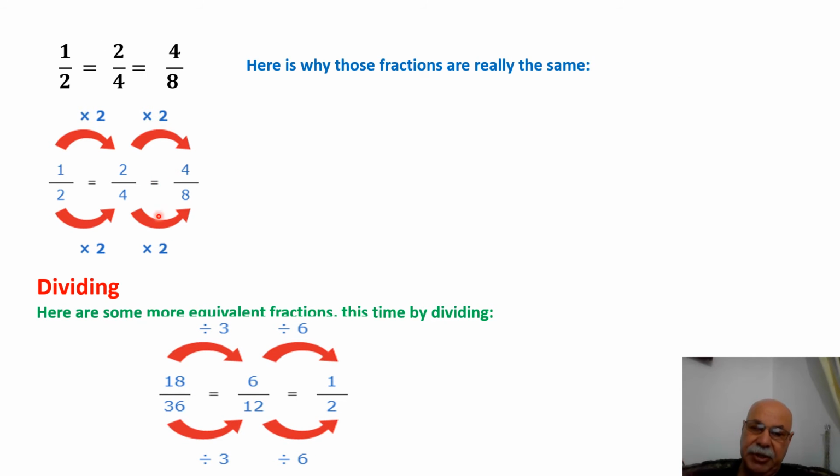This picture also explains the definition. 18 divided by 3 is 6, 36 divided by 3 is 12, 6 divided by 6 is 1, 12 divided by 6 is 2. You see, this is by dividing and this is by multiplying. This just explains equivalent fractions. In practice, you will understand it more.